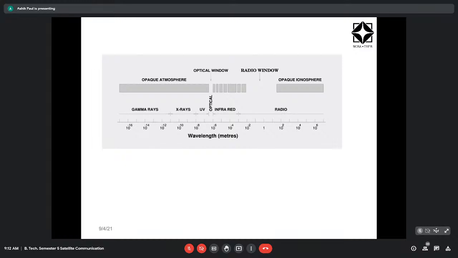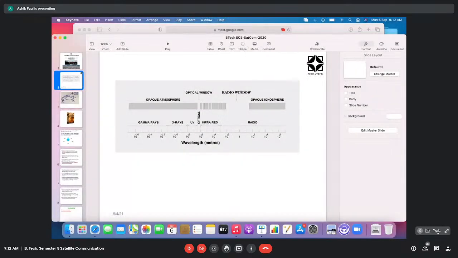Now, if we look at this particular figure from left to right, then essentially what we can see is this is a kind of electromagnetic spectrum where at the extreme left, just a minute, let me see if I could use the pointer.